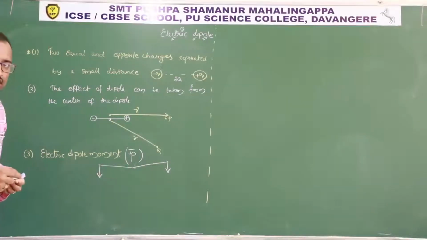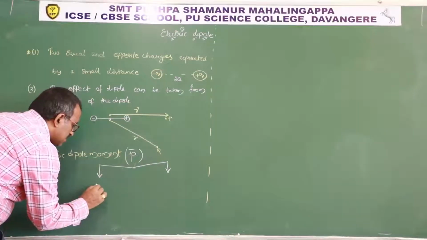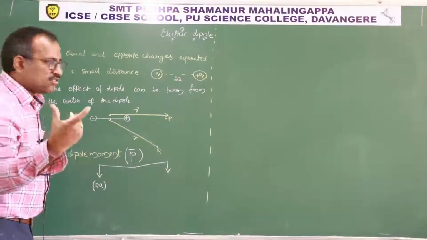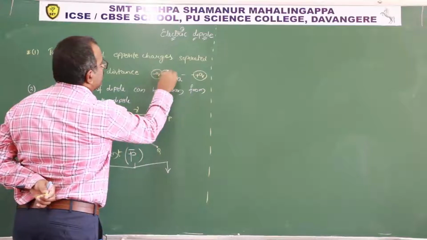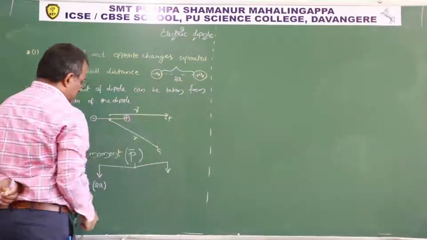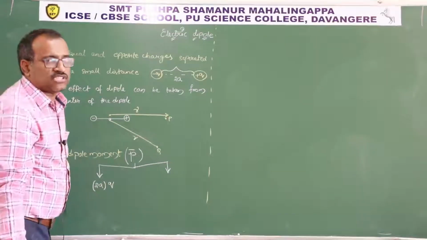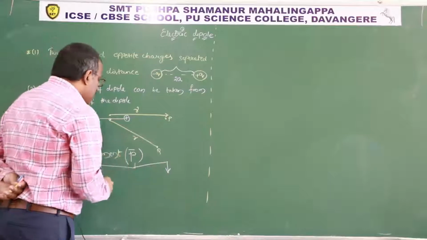What is the magnitude? It is defined as the product of the length of the dipole, that is 2a, and the positive charge of the dipole, plus q.